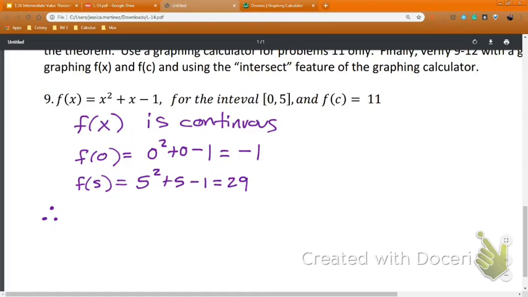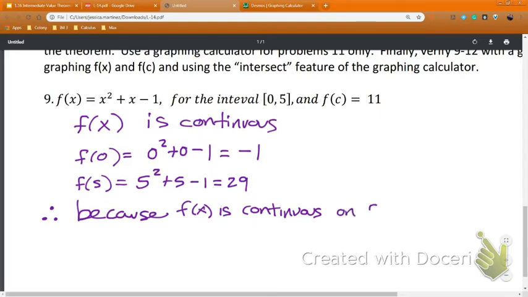So, we can make our conclusion now. Therefore, please write this down. Because f of x is continuous on the closed interval from 0 to 5, and f of 0 is what?